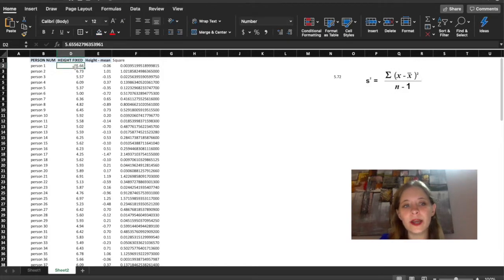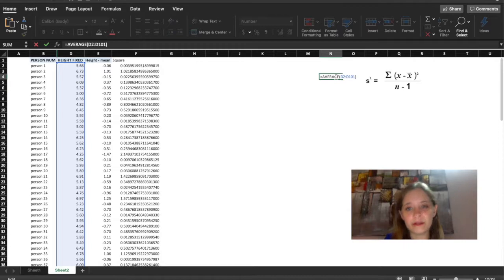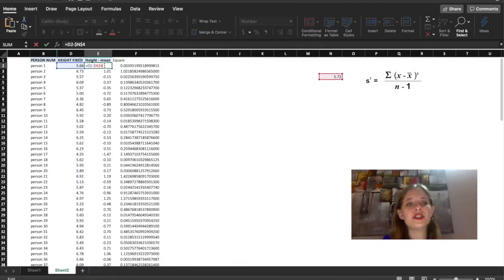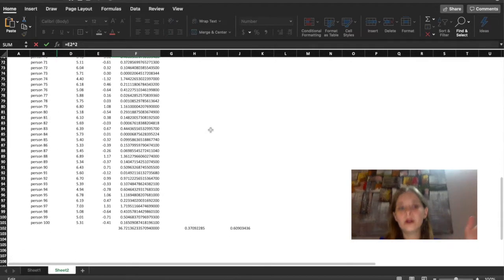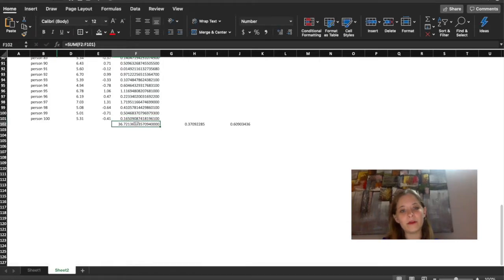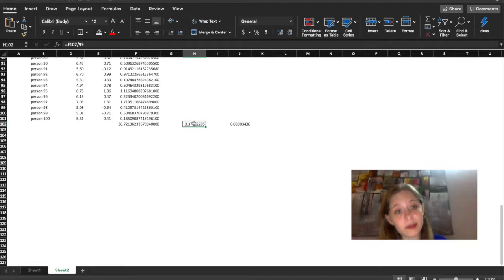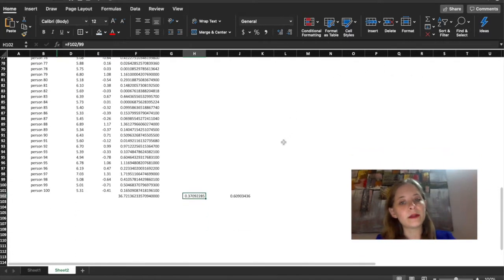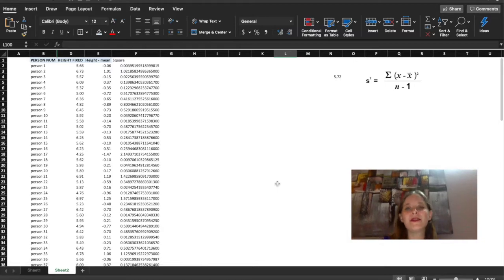For example, if this is the value of an observation and this is the mean of it, because this is the average formula for Excel, then in here we just get the observation, we subtract the mean, then we square it. Over here we get the sum of that number and we divide it by 99 because that's 100 minus 1, and that's the denominator of this formula. After doing so, we get the square root, and that's our standard deviation. That's how we find it.